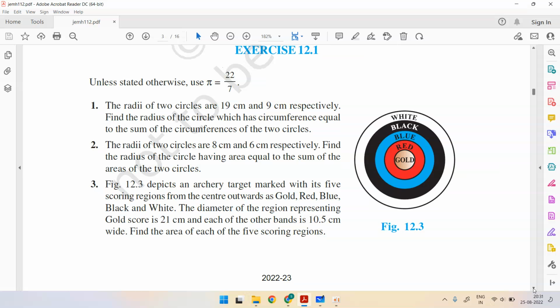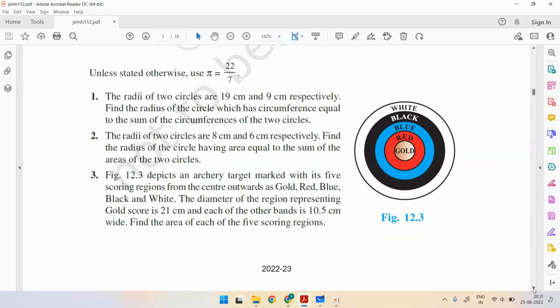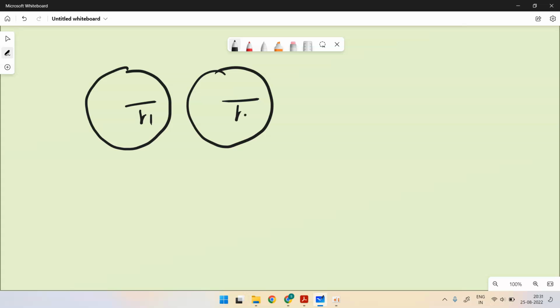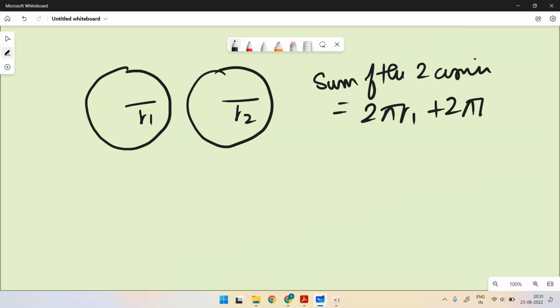Now there is exercise 12.1. The radii of two circles are given as r1 and r2 respectively. Find the radius of the circle which has a circumference equal to the sum of the circumferences of the two circles. Nothing to do. The sum of the two circumferences equals 2 pi r1 plus 2 pi r2.